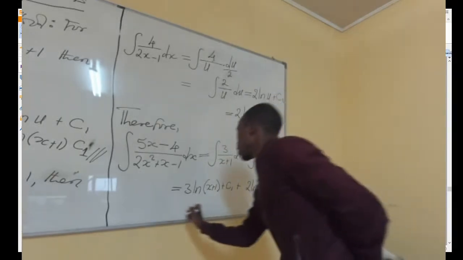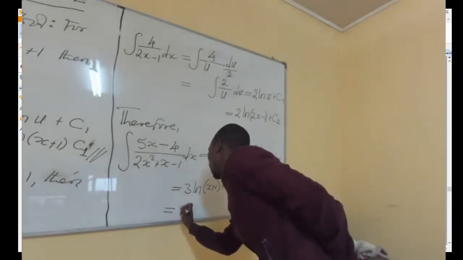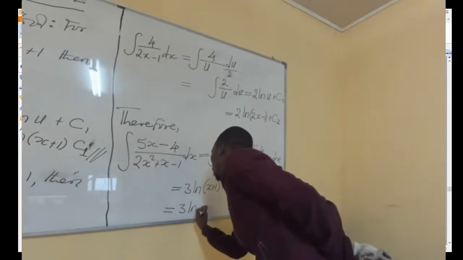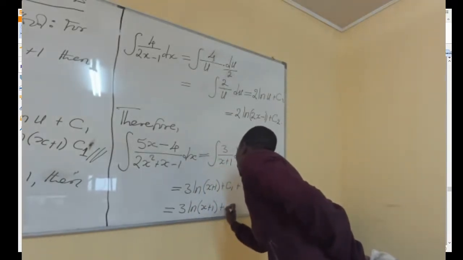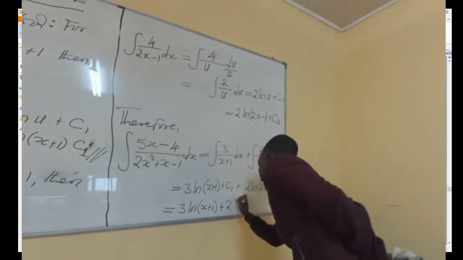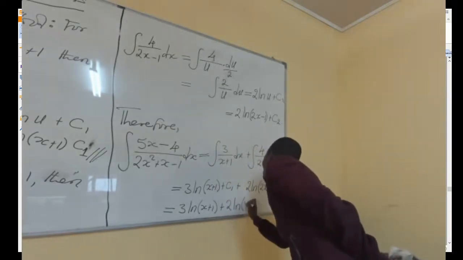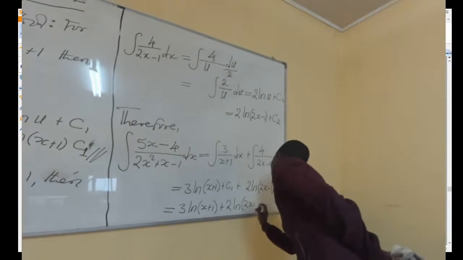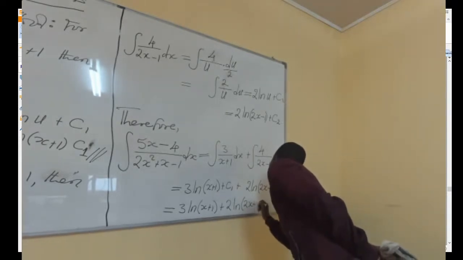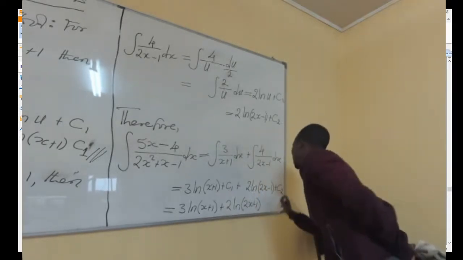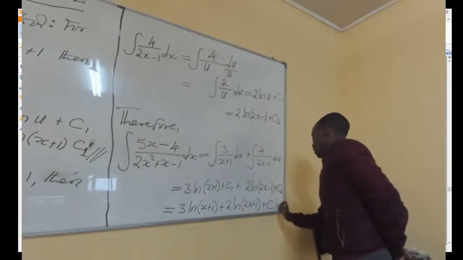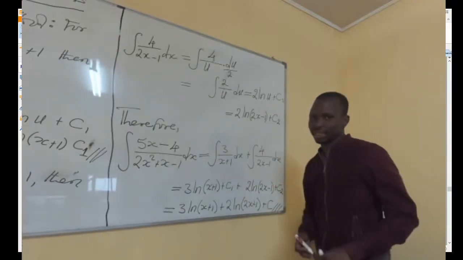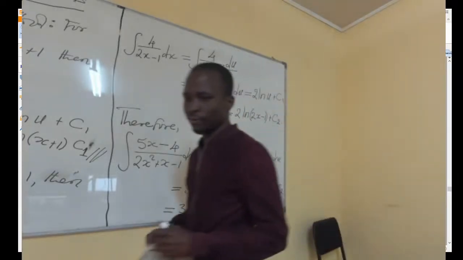Okay, when you combine this and simplify, you have 3 ln of x plus 1 plus 2 ln of 2x minus 1, c1 plus c2 will just give us c. Then you have completed your solving.